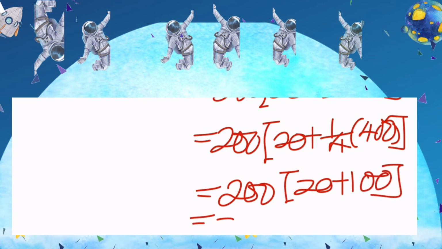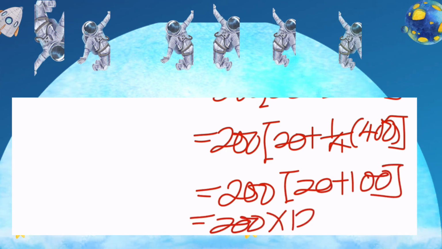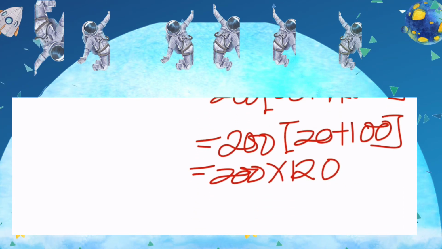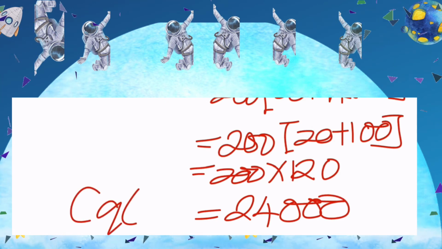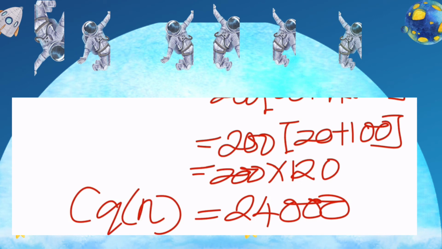So it's 120 times 200. So the total gross income of the factory in a week is ringgit Malaysia 24,000.